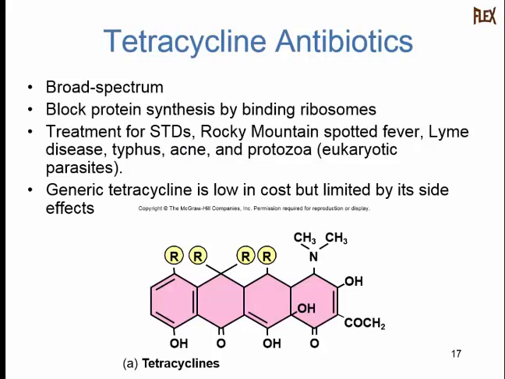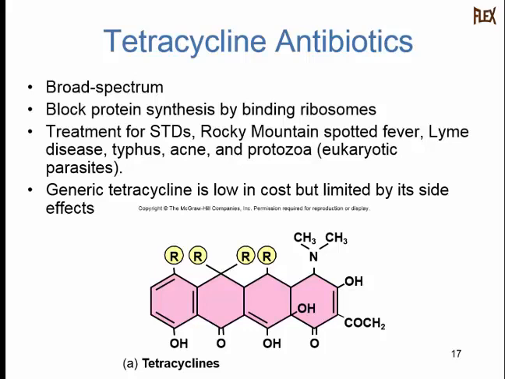Those tetracyclines are going to be broad spectrum. So treatments for things like various STIs, Rocky Mountain spotted fever, Lyme disease, so huge, wide range. And let me draw your attention to the fact that they're also going to treat protozoa, which are eukaryotic parasites, such as Trypanosoma cruzi, Trypanosoma brucei.